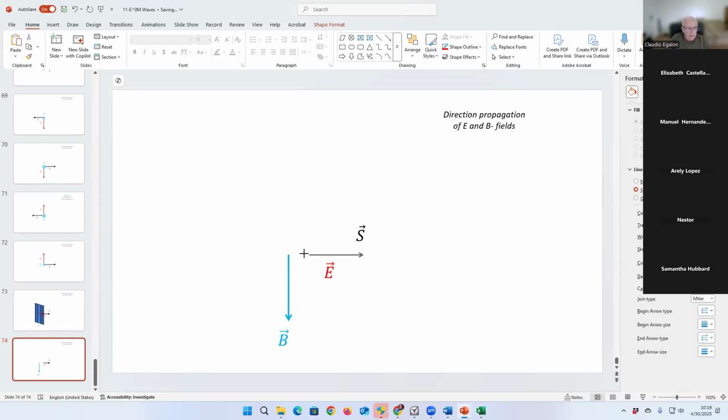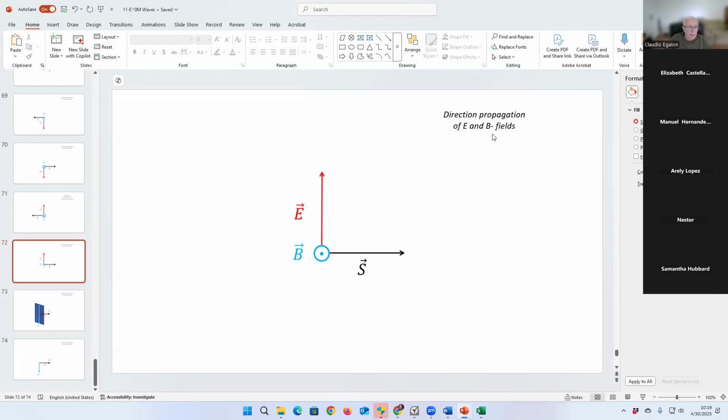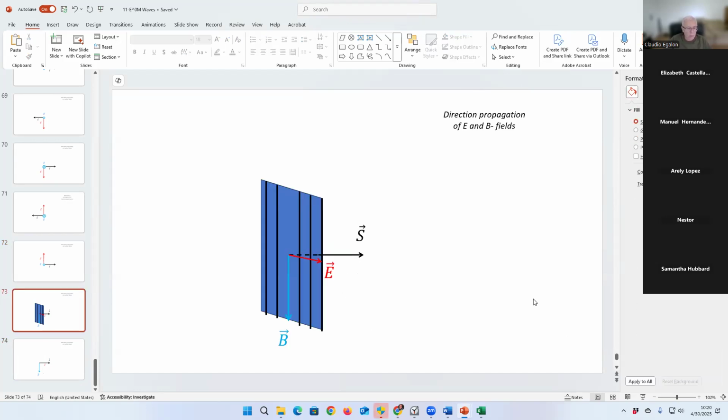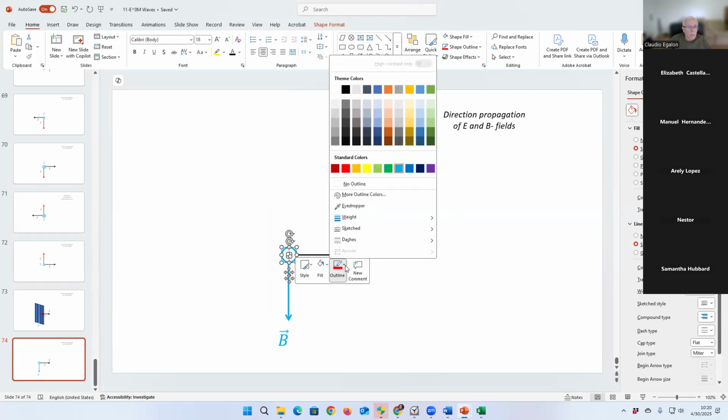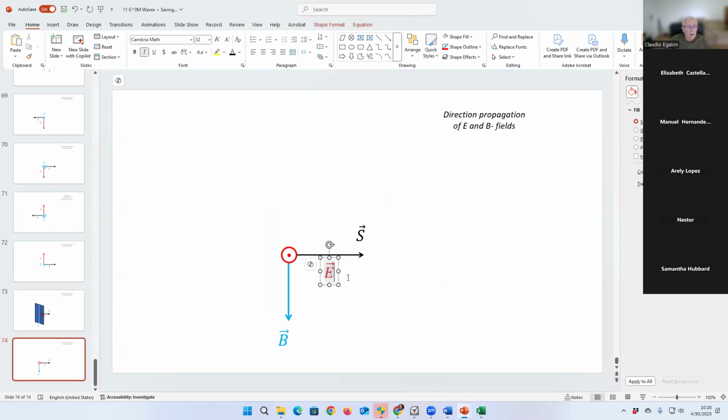I don't need the dash anymore. And I'm going to need this one here in the red color. Yeah, here you go. Okay.